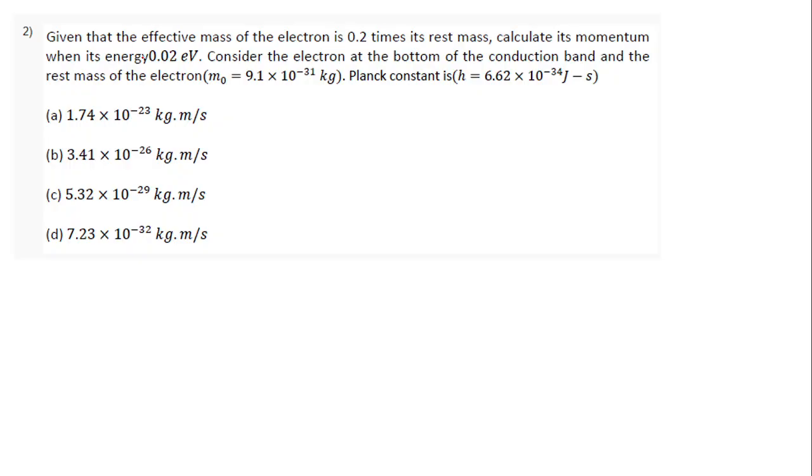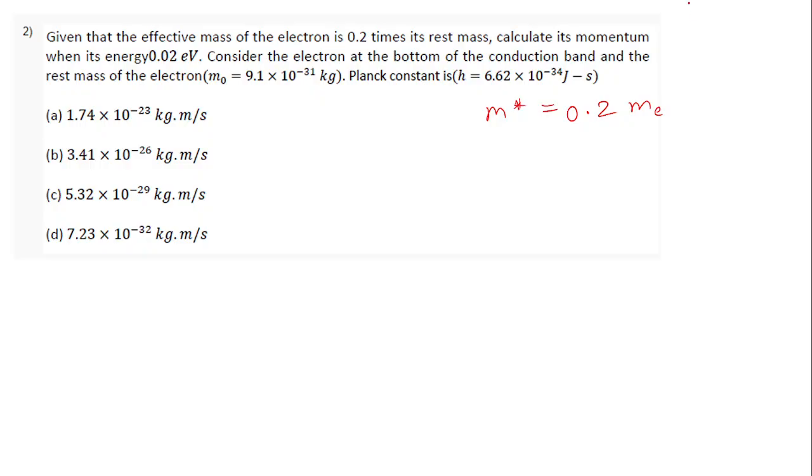Next question is, given that the effective mass of electron is 0.2 times its rest mass, calculate. Okay, so effective mass of electron, which we represent by m star, is equal to 0.2 times its actual mass.